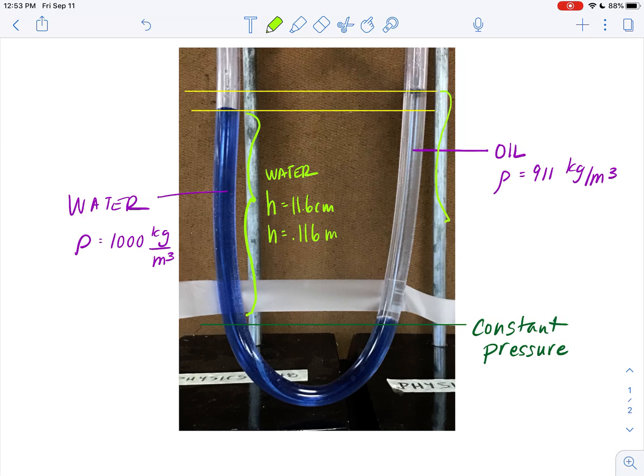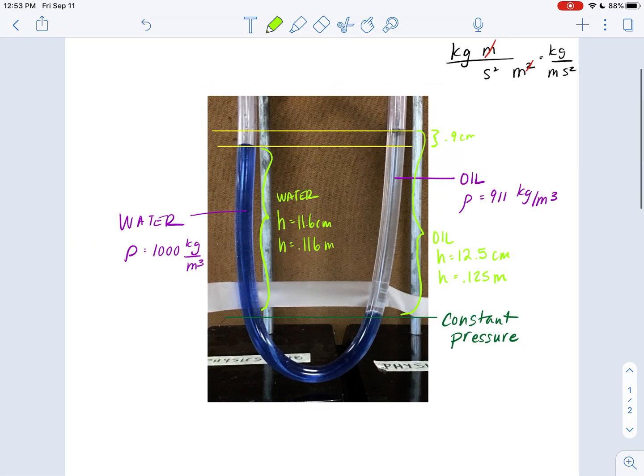The oil goes up to the second line, and it has a height of 12.5 centimeters, which is about exactly 0.125 meters. So this little difference is just 0.9 centimeters, which is not a very big difference.